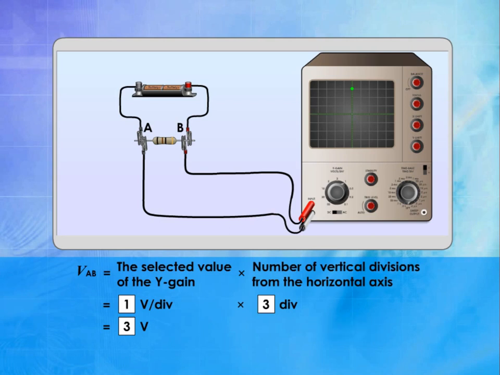Thus, the potential difference across points A and B is 3 volts.